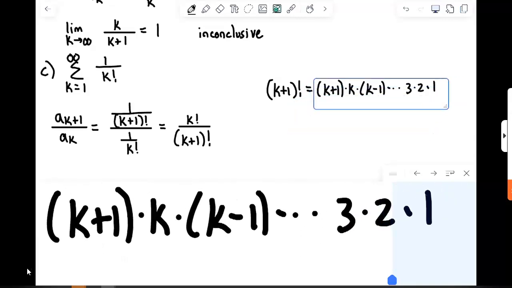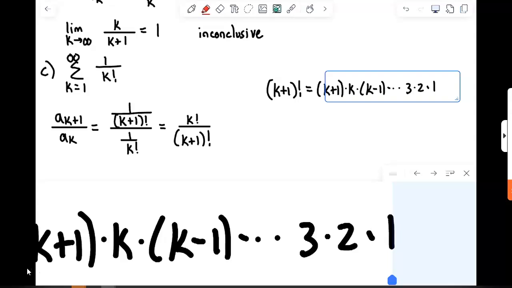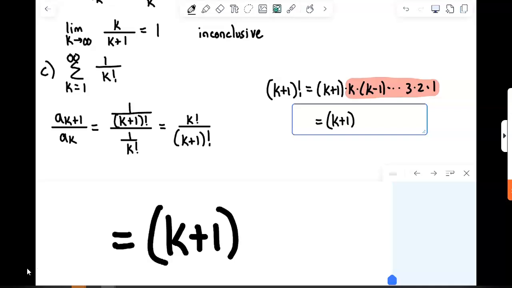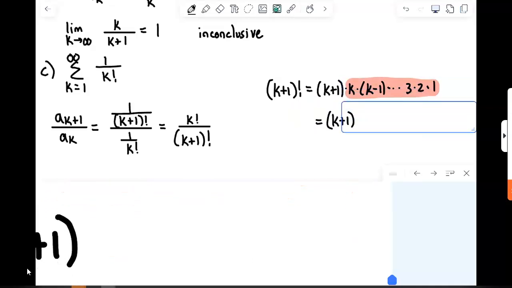But what we can do is realize that we could write this as (k plus 1), and then this is just k all the way down times k factorial.